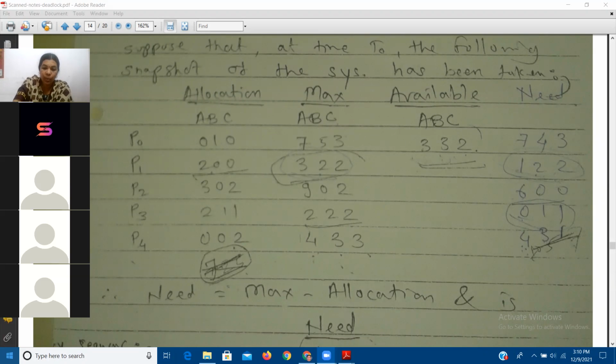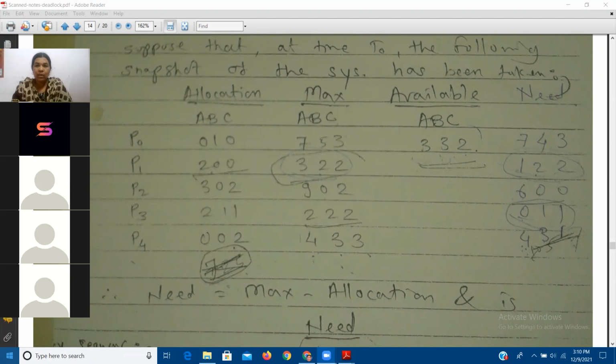So now, after P4, which can I choose? Again, I will follow the round robin fashion, so I will choose P0. P0's requirement is 7, 4, 3, so I will subtract 7, 4, 3 again. The result will be 0, 0, 2.